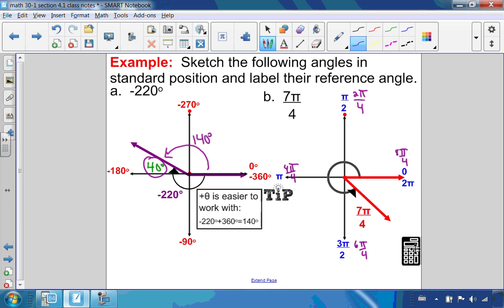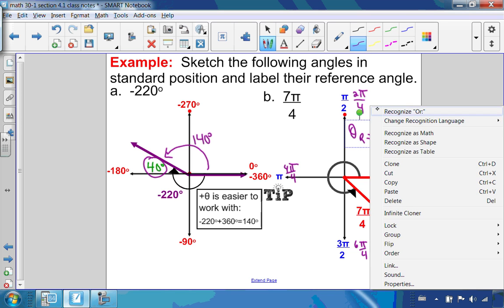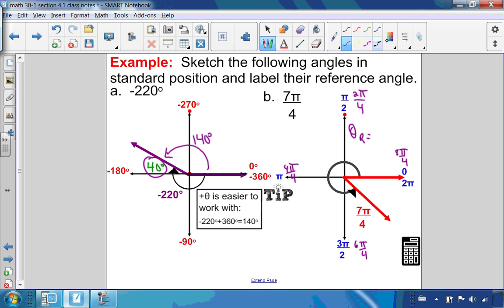So if I want to know what my reference angle is, I haven't made it to 2 pi. So to figure out what my reference angle is, my bigger angle is 2 pi. I can do 2 pi subtract my angle of 7 pi over 4. My pen is shifting on me here.